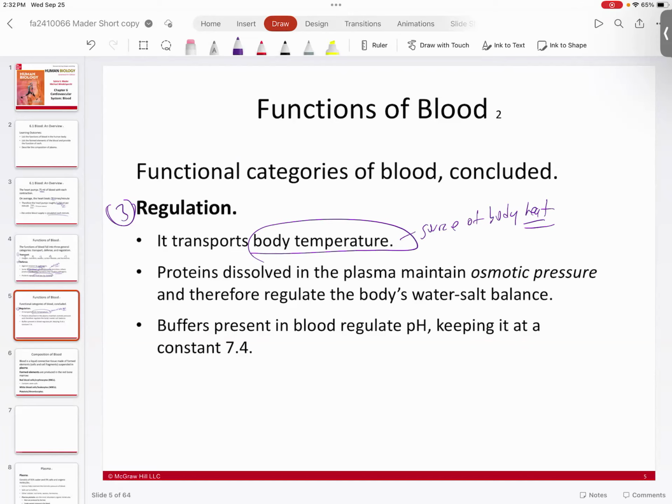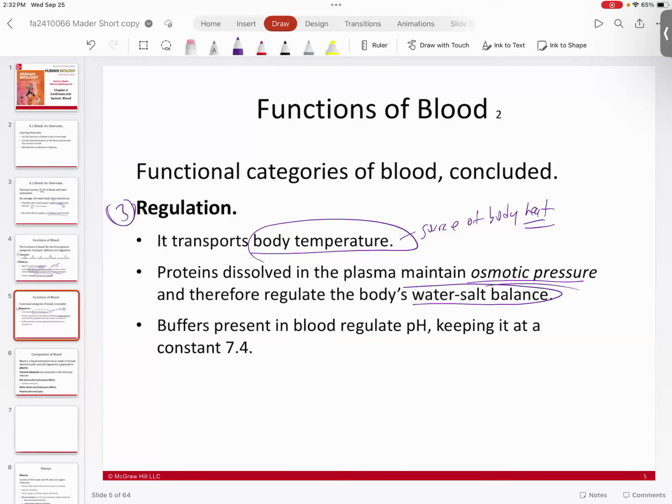You're also going to be regulating things like different types of proteins that are dissolved in your plasma. Some of them are dissolved to regulate osmotic pressure. We talked a little bit about that in the capillary. Right? That's that sucking effect, that salt sucks pressure that causes water to move inward. So you can regulate that.